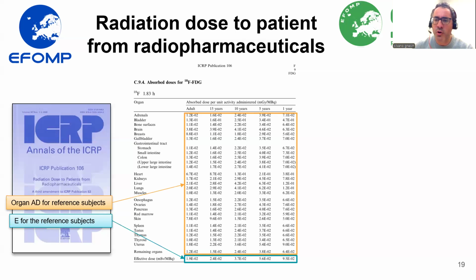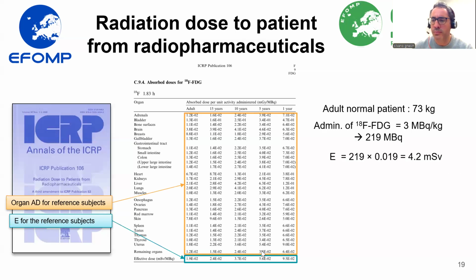So just an example here: you have a patient in clinic with 33 kilos, you usually administer 3 megabecquerel per kilo to that patient, and then the actual administered activity would come to 219 megabecquerels.